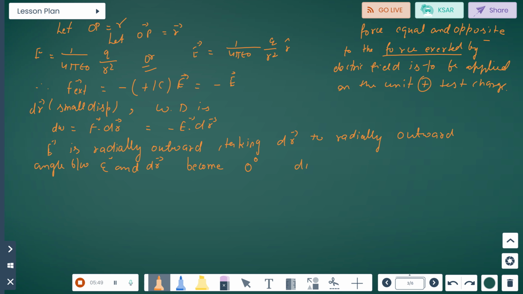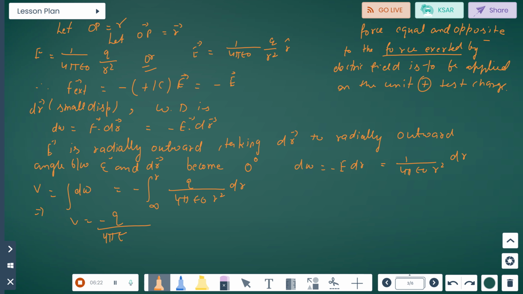So dW equals minus E dr, putting the value of E as 1 by 4 pi epsilon naught r square dr. Therefore V equals the integral of dW from infinity to r, minus the integral of q by 4 pi epsilon naught r square dr. So V equals, taking q upon 4 pi epsilon naught common, minus 1 upon r from infinity to r.